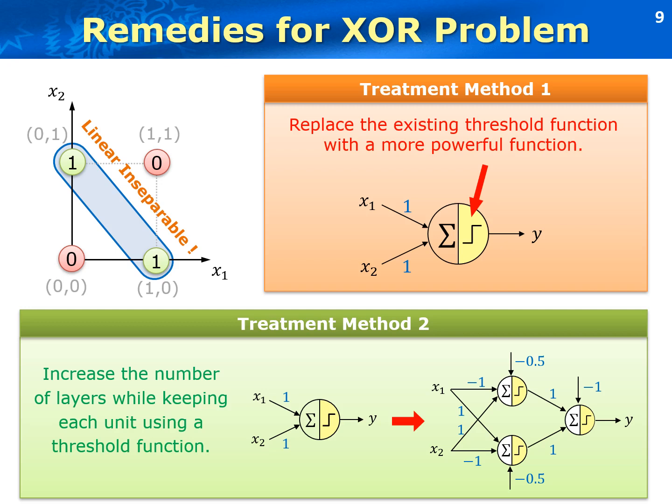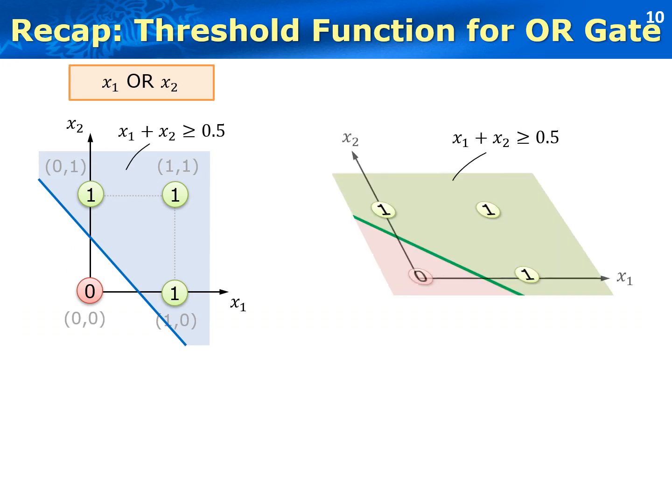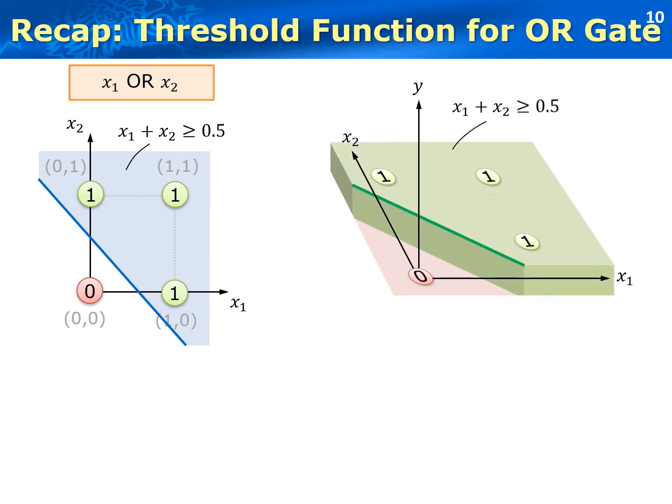Let's first look at method 1. Before replacing the threshold function, let's first study why it works well for the OR gate. These are the 4 data points and the decision boundary for the OR gate in 2 dimensions. In 3 dimensions, we can see that the 3 green points labeled as 1 are mapped onto the upper plane y equals 1.